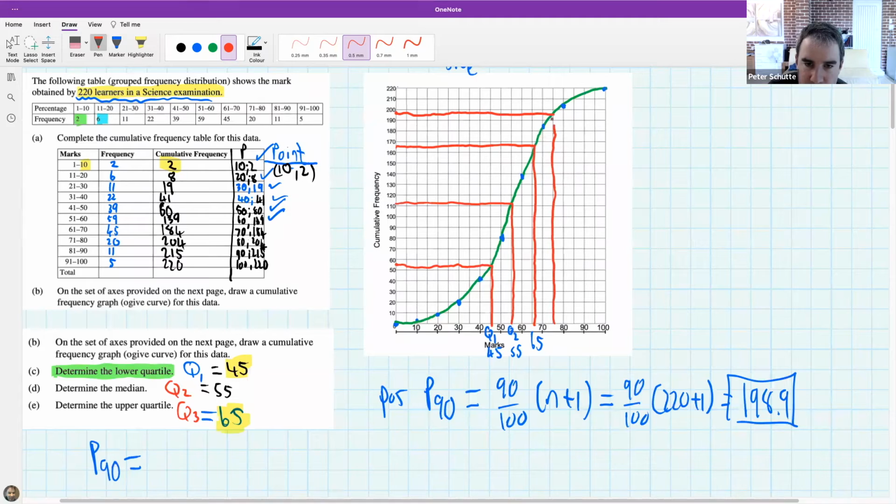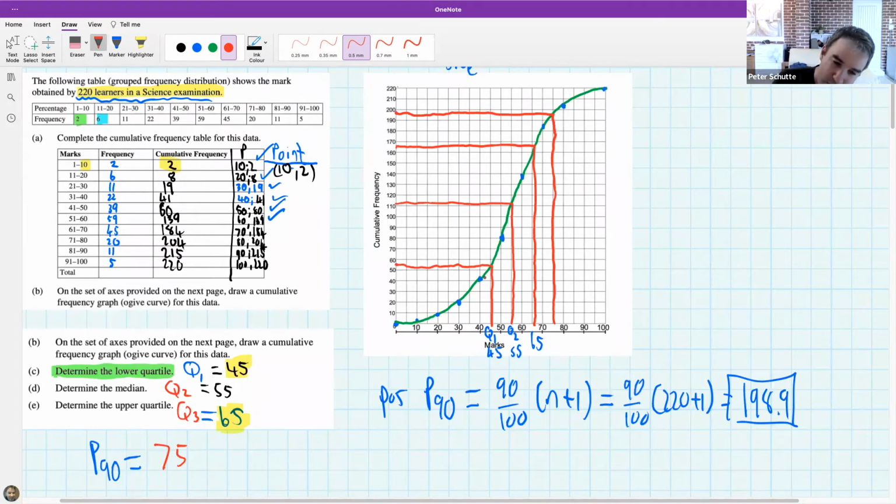And it looks to me like P90 is 75. Now, what does that mean? In the context of this set of things, it says that 90% of students score less than 75 and only 10% of students score above 75.